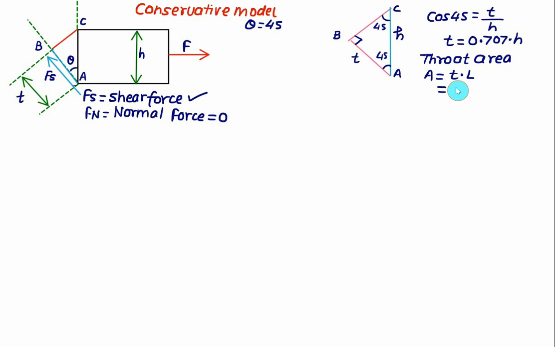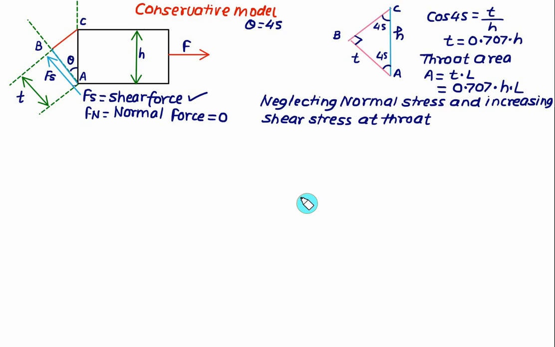So the throat area is 0.707 multiplied by H multiplied by L. So in the conservative model we take theta equal to 45, will only consider shear force, and the normal force value will be made equal to 0.